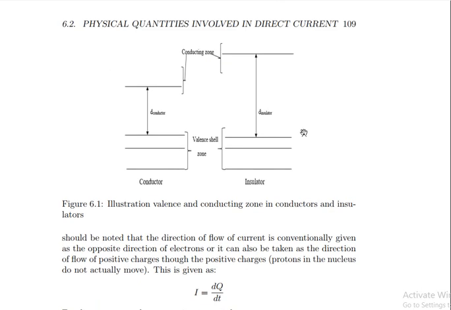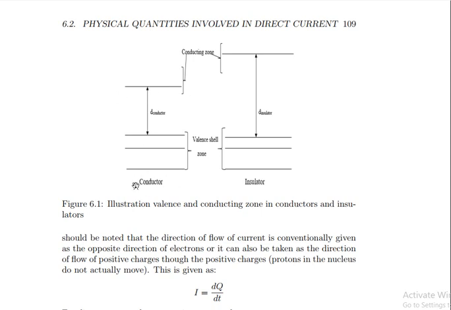So now let's visualize what happens in the case of conductors and insulators. Normally, electrons exist in the valence shell zone, and there also exists a conducting zone inside atoms. The valence shell zone is a zone where the electrons are found closer to the atoms, while the conducting zone is a zone at which the electrons can be used in conducting current.